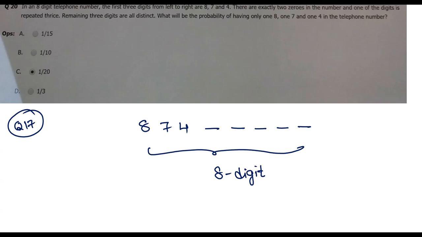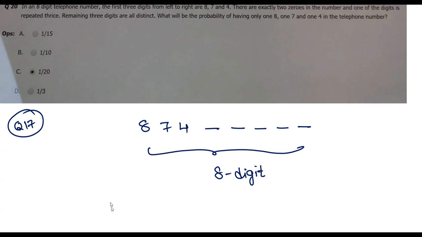See, among this, what is the probability of having only such a number? Now see the entire scenario. This is permutation combination and probability, both. Probability is favorable over total. The first thing they mentioned is 2 zeros in the number.